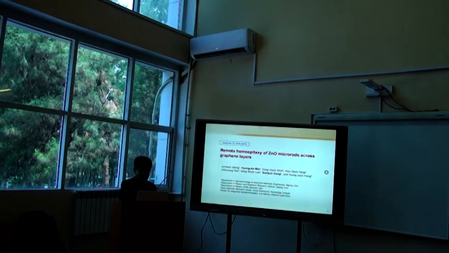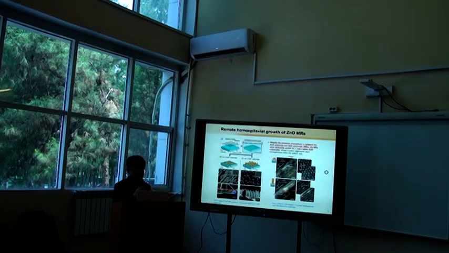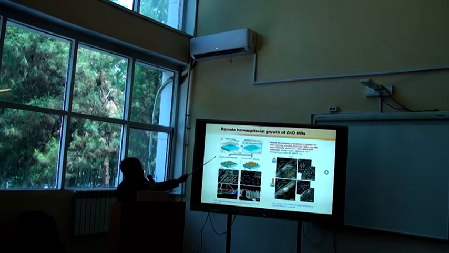And this is one of the results for remote epitaxy, in collaboration with my colleague at my university. Here you can see that, despite the graphene layers, the zinc oxide microrod is well grown on the zinc oxide substrate. The substrate and the overlayer are the same material, so we call it remote homoepitaxy.